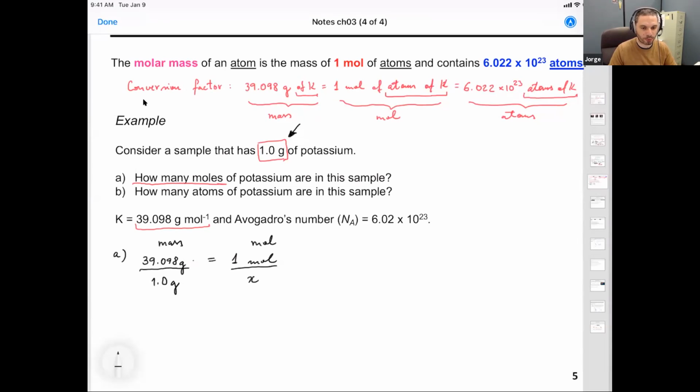Once the proportion is set up, now it's just a simple cross multiplication. So we are going to end up with X times 39.098 grams equal to 1 gram times 1 mole. Let's isolate X. Therefore, we are going to move 39.098 to the other side, and we are going to do the opposite operation.